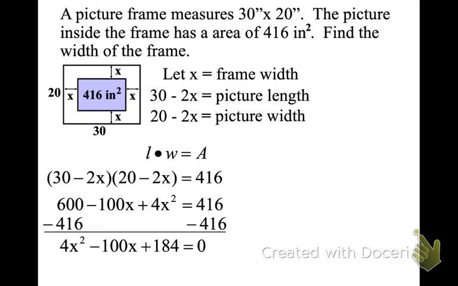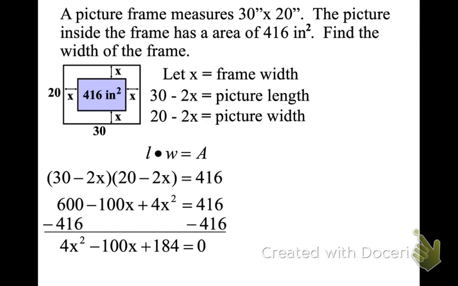Now, I do know that all three of these are even numbers, so I know it's at least divisible by 2. I know 4 and 100 is divisible by 4, but is 184 divisible by, I think it's also divisible by 4.